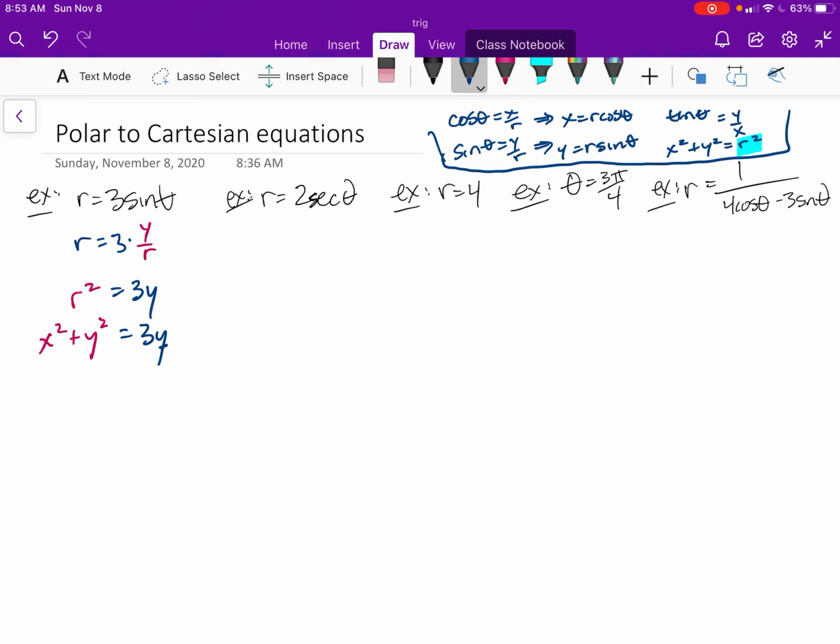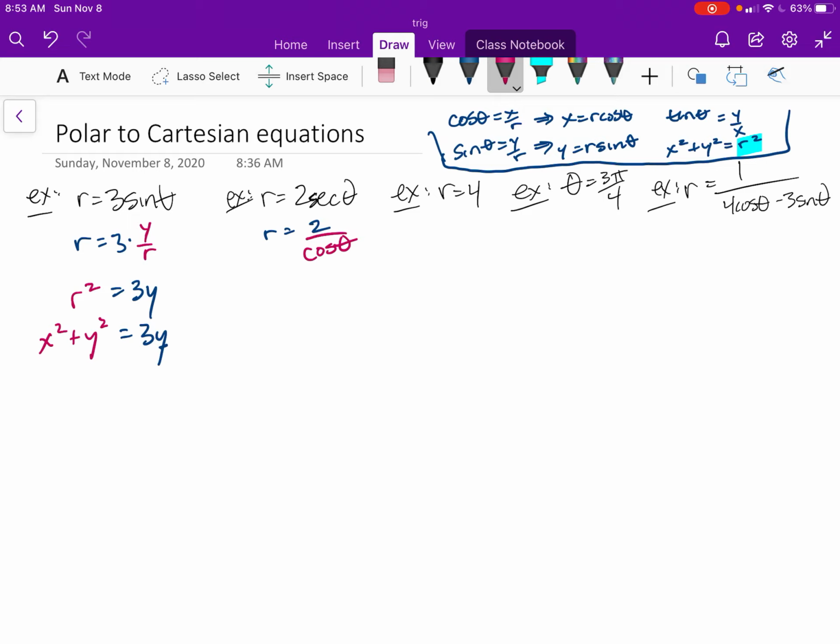r equals 2 secant theta. I have nothing over here about secant. You could say it's a reciprocal of cosine and put r over x. That would work, but I'm going to show a different approach. I know secant is the reciprocal of cosine, so I'd have r equals 2 over cosine theta.